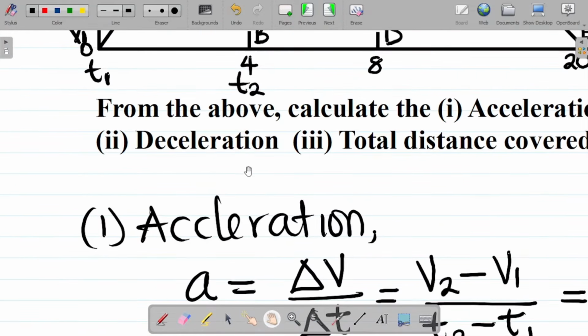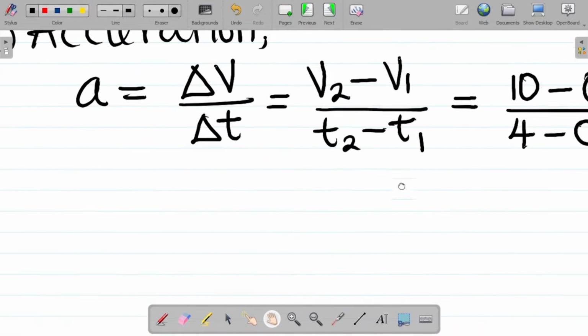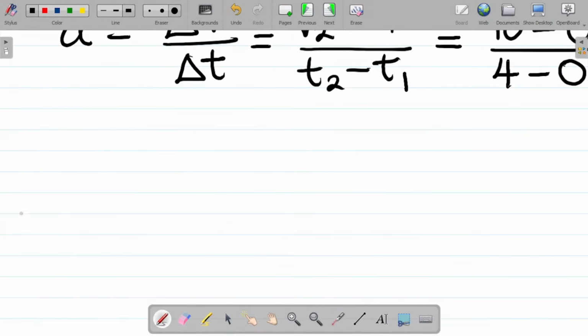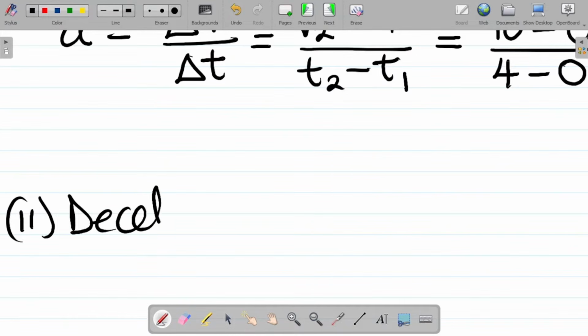The second one says we should get the deceleration. So number two, let's get deceleration. Deceleration and acceleration are the same thing. The only difference is that deceleration is the kind of acceleration that brings a body to rest, which means it's literally a negative kind of acceleration.